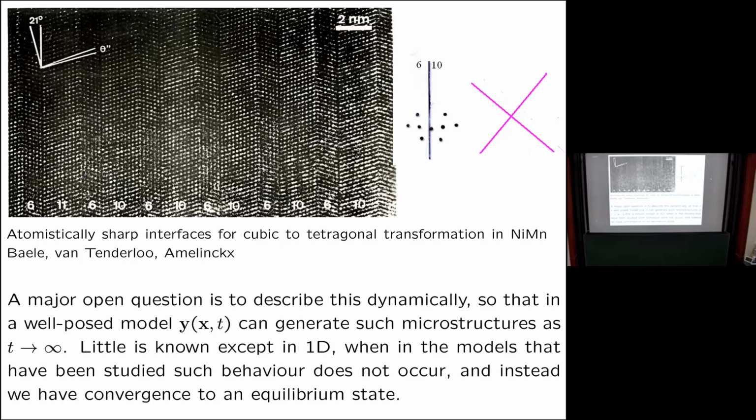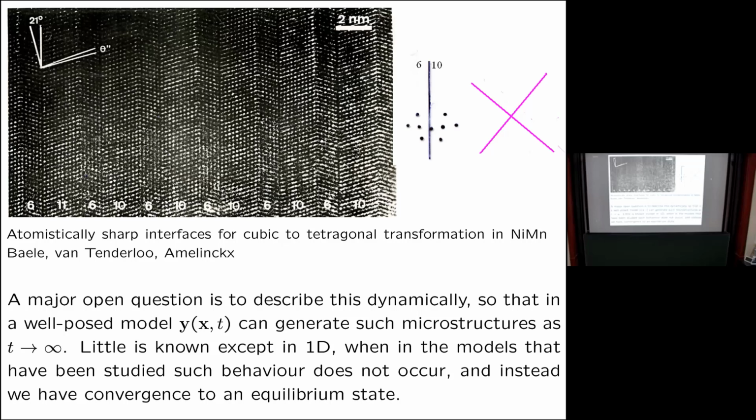Now, a major open question, or at least a major open question for me, is to describe this dynamically. What we would like would be a well-posed model in which y depended also on t, such that solutions of this model would generate such microstructures as t goes to infinity. So the dynamics would realize minimizing sequences.